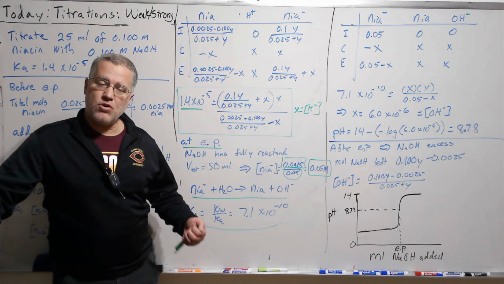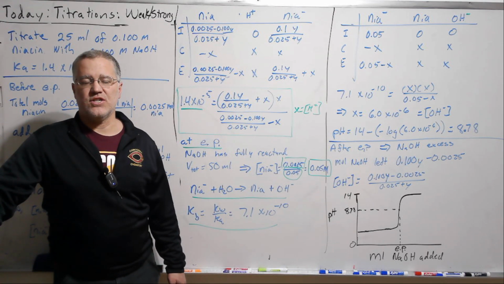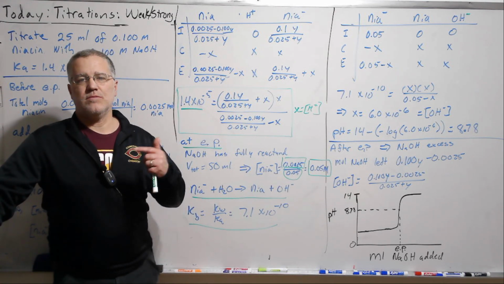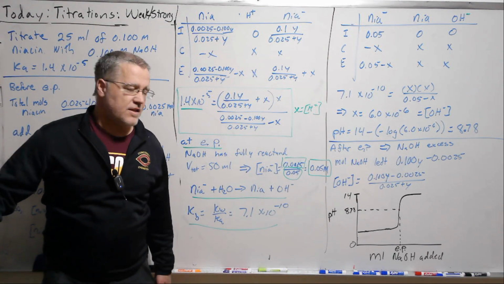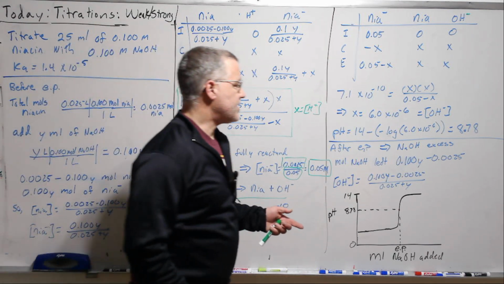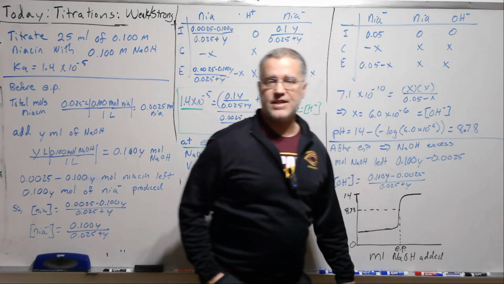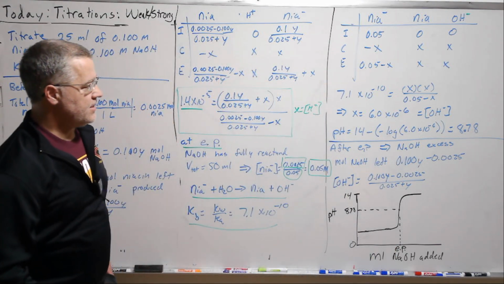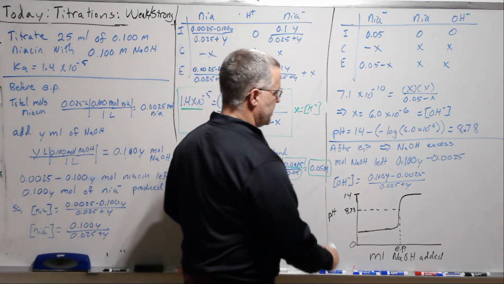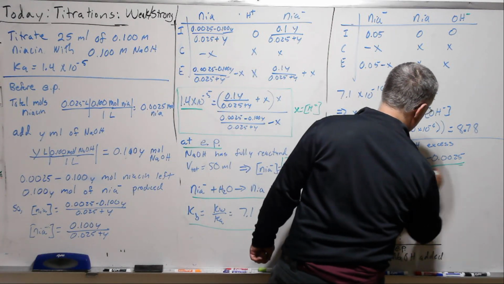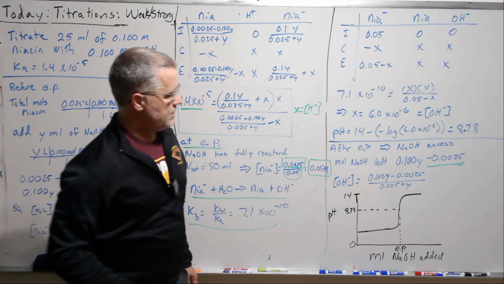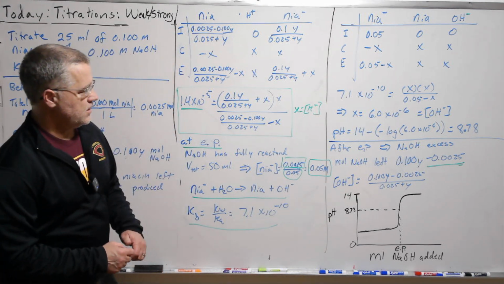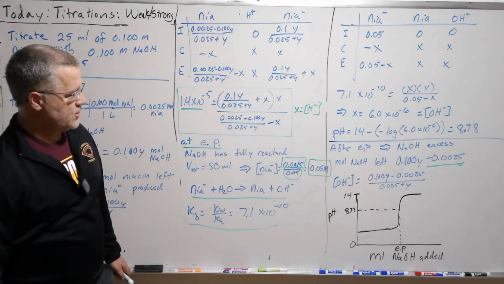Okay, well, we have one more part of this, and that's after the titration. But this becomes easy. This becomes like last time. The sodium hydroxide is in excess. We say that it has completely reacted with the niacin. So we wipe out this many moles of however much we put in. And we put in 0.1 times Y milliliters.